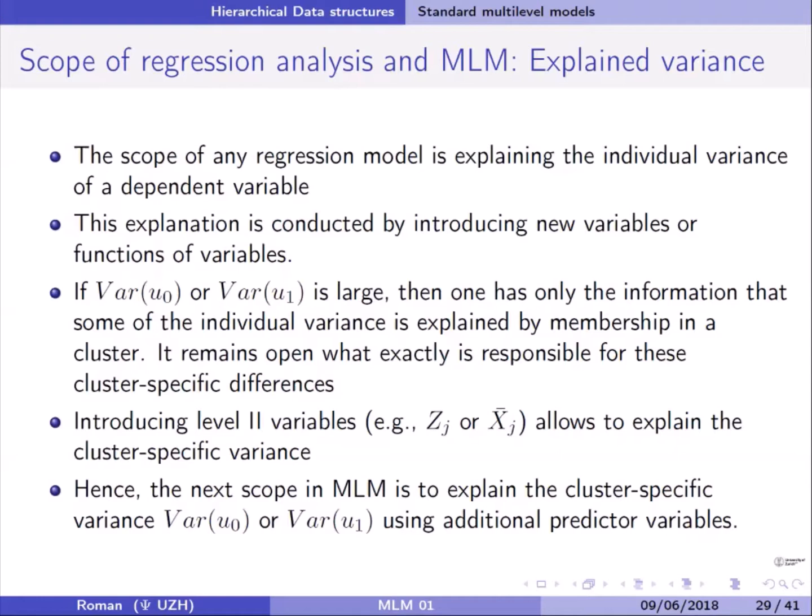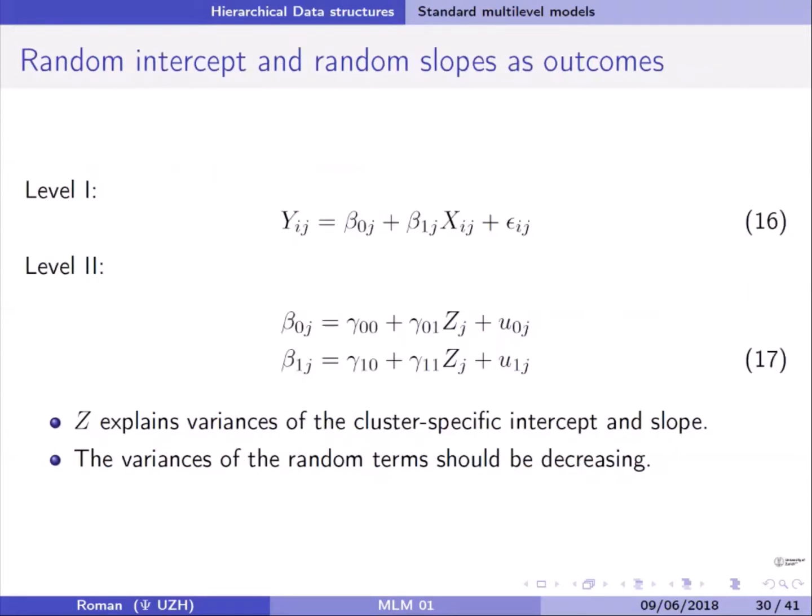It remains open what exactly is responsible for these cluster-specific variances. Introducing level 2 variables like Zj or X bar j allows us to explain cluster-specific variance. Hence, the next scope in MLM is to explain the cluster-specific variance using additional predictor variables at the cluster level.